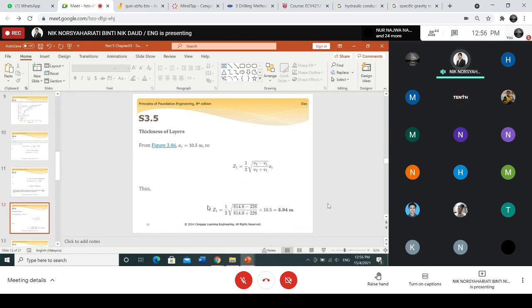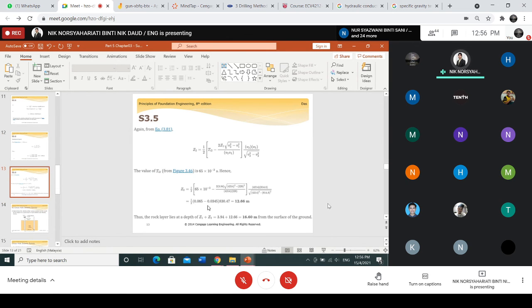This is step-by-step; unless you miss a step, you won't get the answer correctly. Then the total of Z1 and Z2, down to the rock layer based on that table, is around 16.60 meters.